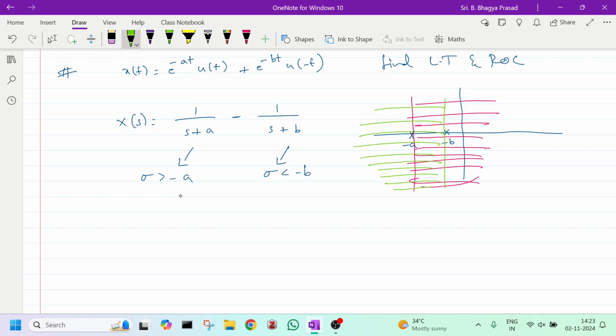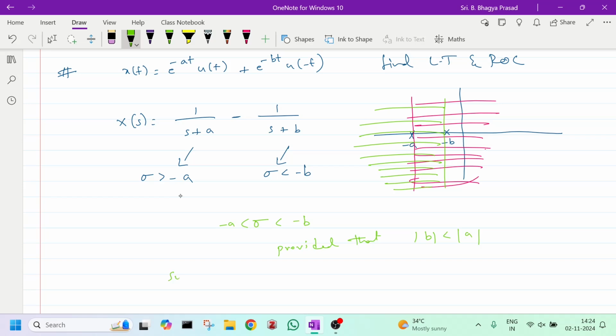So the ROC is sigma in between minus A and minus B, provided that the magnitude of B should be less than magnitude of A, then only you will get a common ROC.